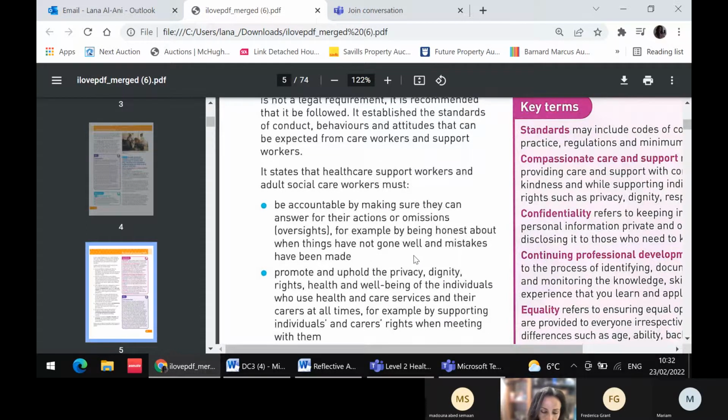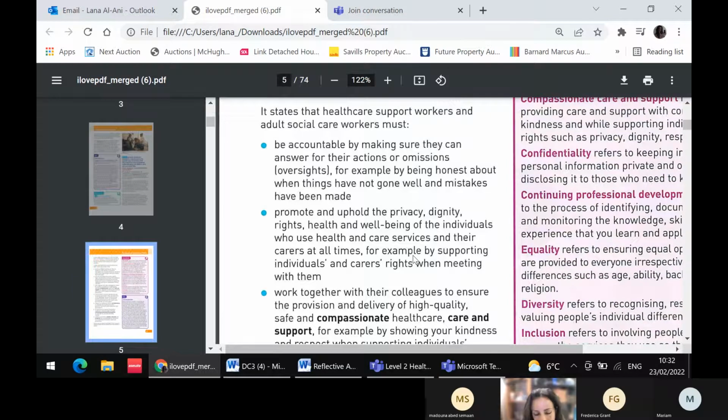And also promote and uphold the privacy, dignity, and rights of the people you care for. It's very important that you always make sure of their privacy, dignity, and rights at all times, for example by supporting individual and carer rights when meeting with them. Whenever you meet them, you respect their dignity, their rights, and also their privacy.